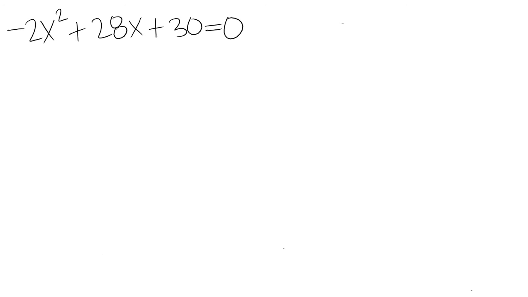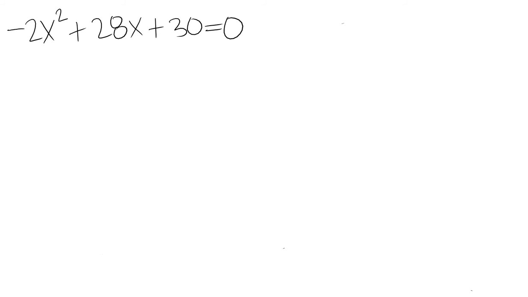All right, so for the next problem, we're going to factor negative 2x squared plus 28x plus 30 equals 0. So step one is to make sure that the equation is in standard form, which this one is, ax squared plus bx plus c. Okay, so step two is to try to find a GCF. So if I look at negative 2, 28, and then my constant of 30, I can see that those all have something in common.